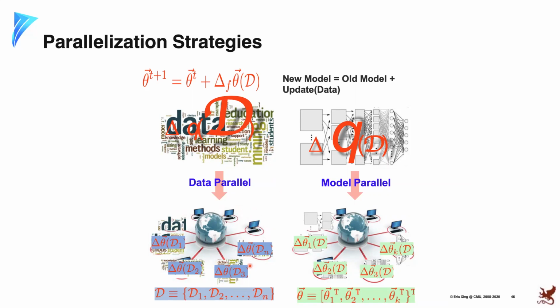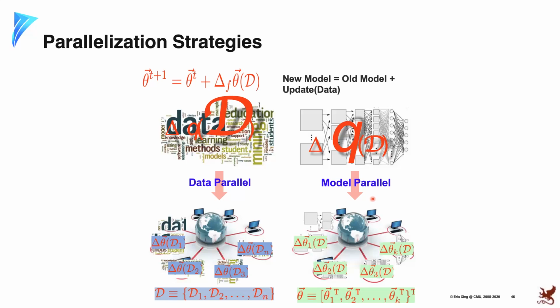For the data parallel, for the gigantic data set, we try to partition it into several different bunches and assign them to different workers. And these different workers are going to use this different data block to do the updates for the model parameters. And for the model parallel, on the other hand, the model parameter is very large.